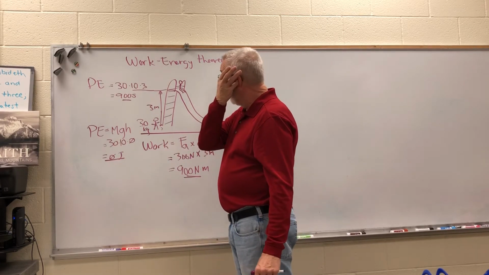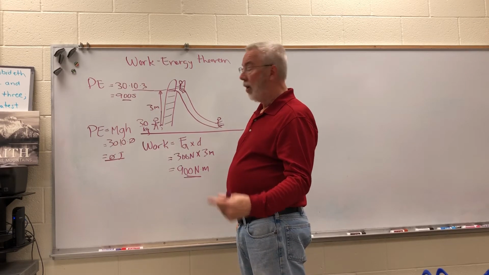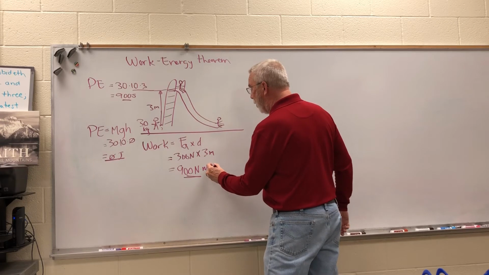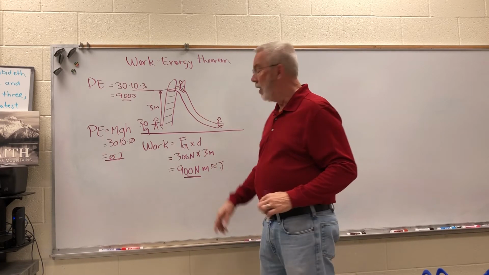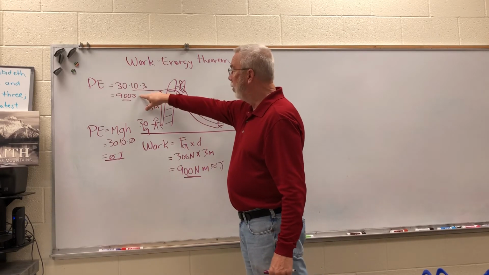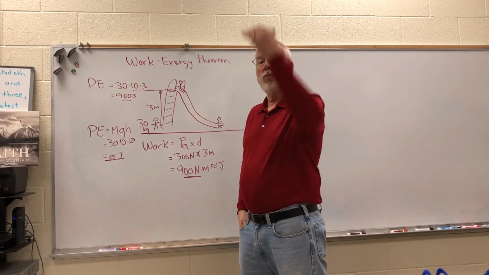And so the work energy theorem stands correct in that 900 Newton meters, and we need to understand that Newton meters and joules are the same thing. And so 900 Newton meters of work is equal to the change of 900 joules of energy as the boy climbs the ladder.